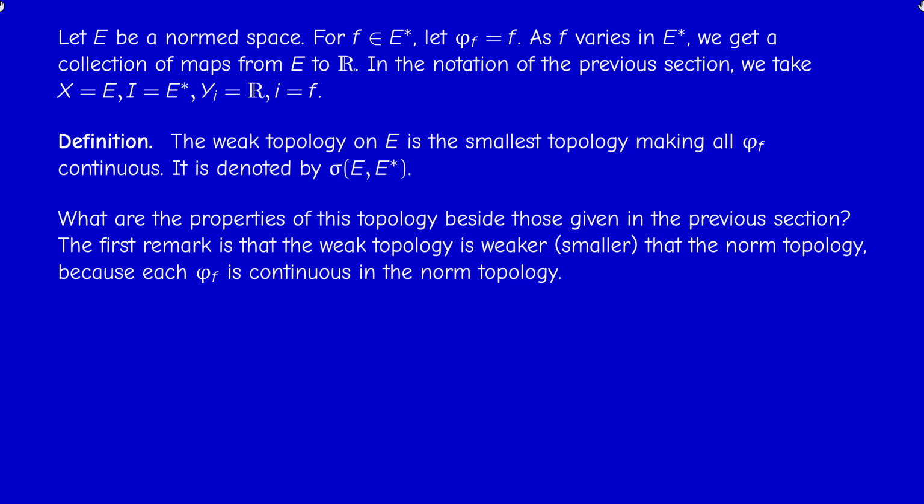Each f, or each phi_f, is continuous with respect to the norm topology, but the weak topology is the smallest topology making continuous these maps. So it's contained in any topology making continuous these maps. So in particular, it's contained in the norm topology.